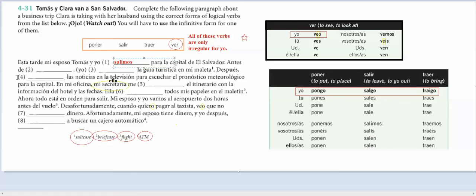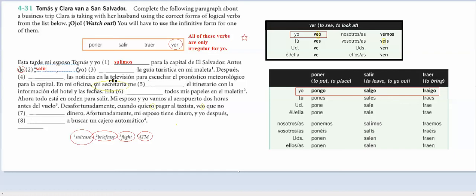Antes de blank, yo blank la guía turística en mi maleta. So before leaving, when you have a preposition like de or que, and you're going to put a verb after it, you're going to leave it in the infinitive form. So before leaving, antes de salir, yo blank la guía turística en mi maleta.